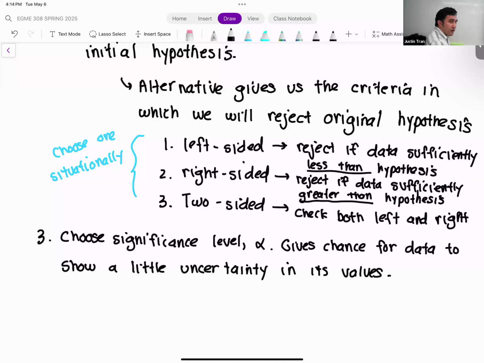So usually for the significance level, you're going to pick some low value, because the significance value tells you a percentage chance, basically assigning the probability beforehand that you may just get bad data.